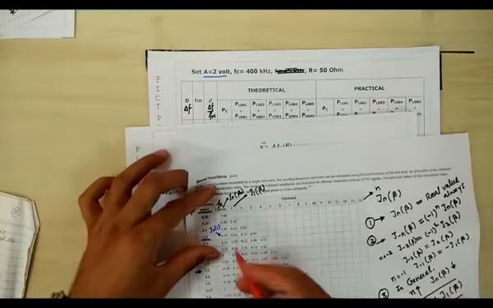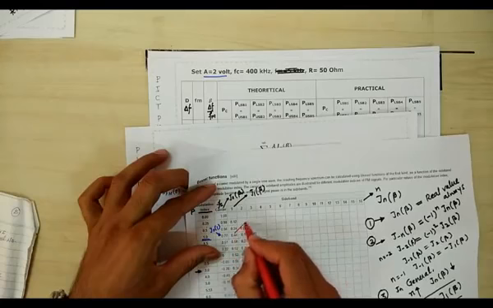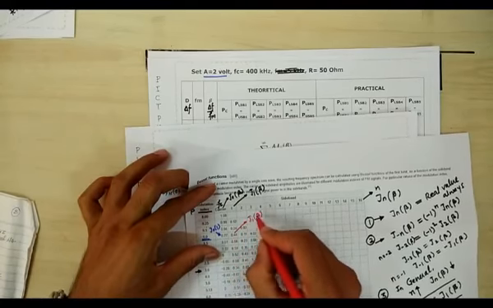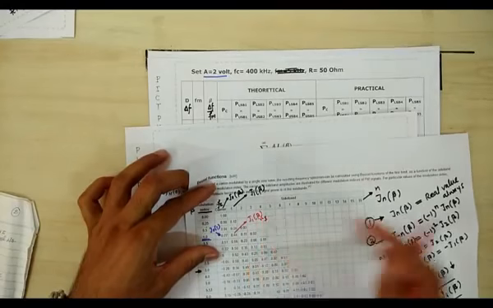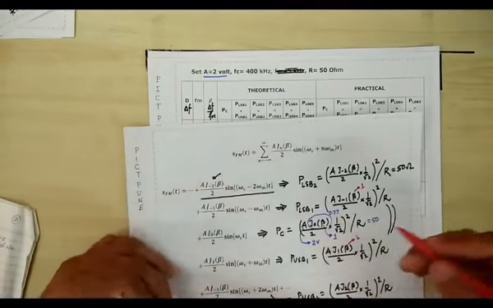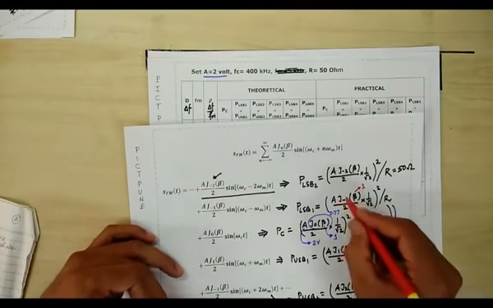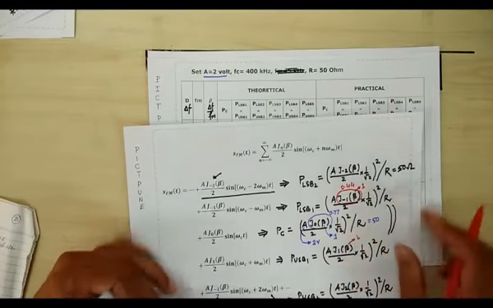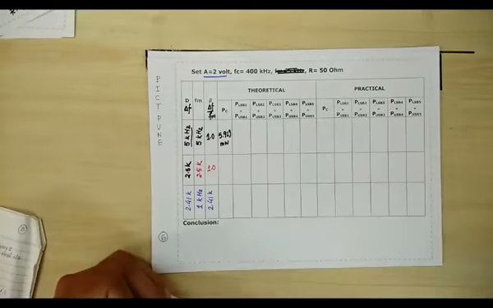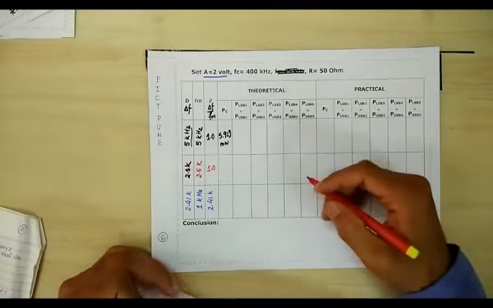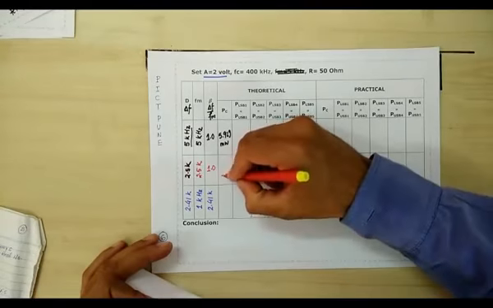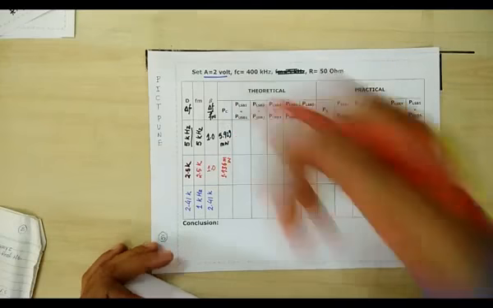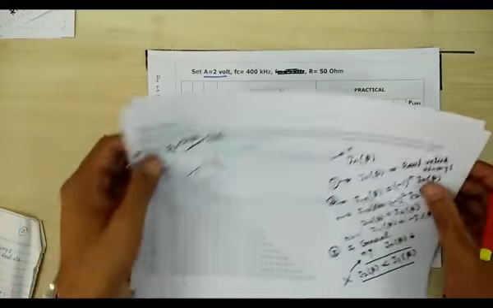It is 0.44. So when we calculate this power, we get 1.936 milliwatt. This is the power associated with the first sideband.